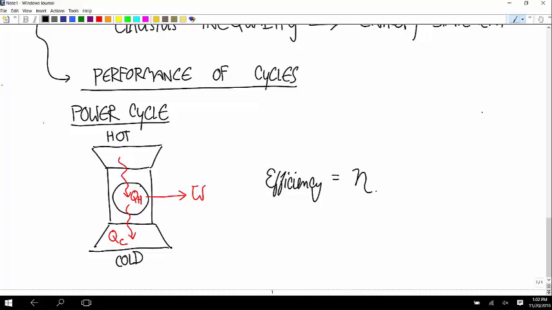So this is the efficiency eta, and it's equal to the work. You want a lot of that, and what do you want a little of? What do you want to minimize as much as possible? The cost of running this engine is the heat you have to put into it. You know, the coal to keep the fire running, or the nuclear reaction in modern heat engines. So it's work over QH.